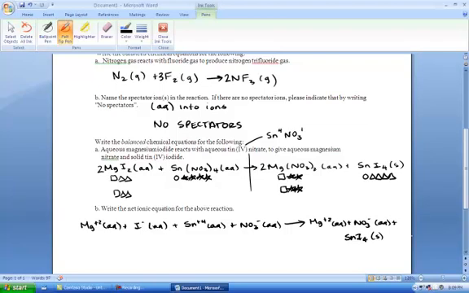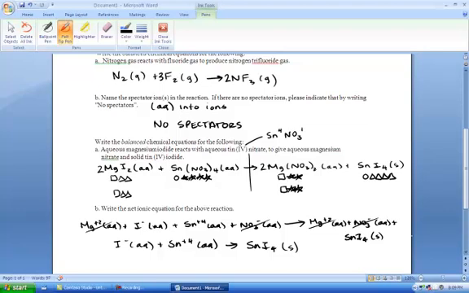Now, to write the net ionic equation, I'm going to cancel the things that remain the same on both sides. Sometimes it's easier not to put the coefficients, because if you don't put the coefficients correctly, you might not know which ones actually cancel. Nitrate goes away, as does magnesium. So the answer to this question is that which remains, which is iodide ion and tin plus 4 yields tin 4 iodide solid.